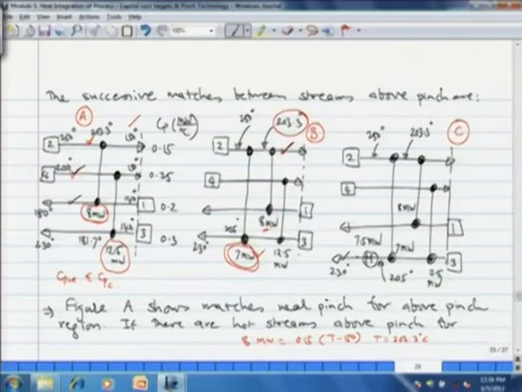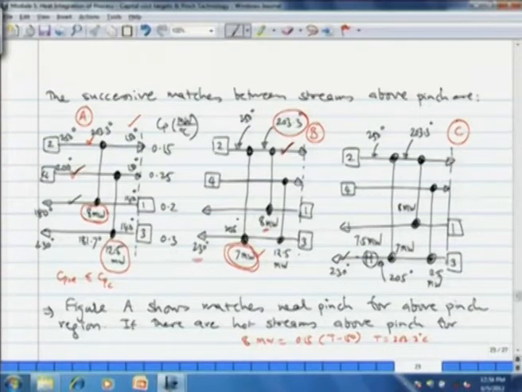That means now stream 2 has given away all of its heat to the cold streams above pinch region. However, stream 3 still has not met its target temperature of 230 degrees, because only 7 megawatt out of the 14.5 megawatt requirement has been given by stream 2. Now you can calculate the temperature of stream 3 as it exits the second heat exchanger, the 7 megawatt heat exchanger.